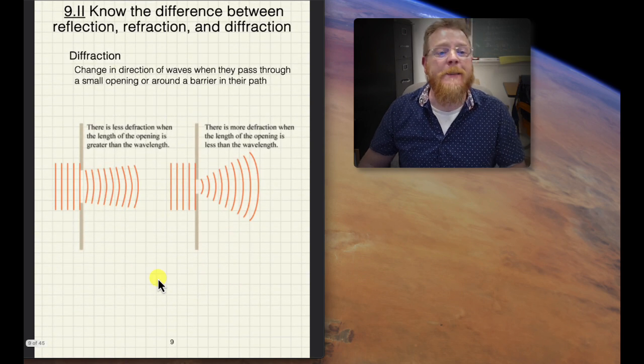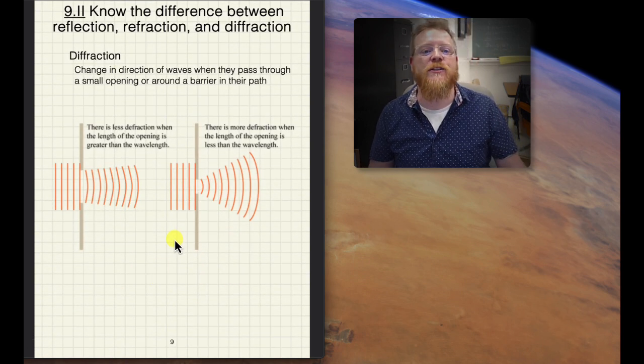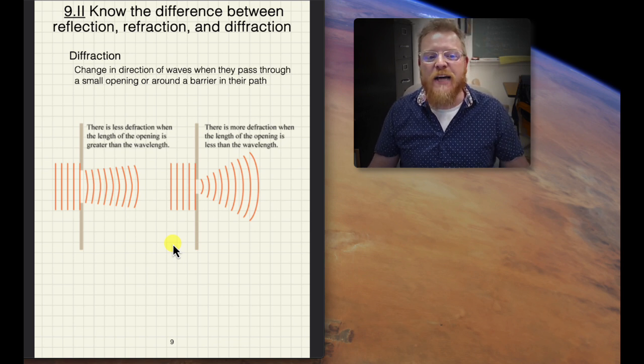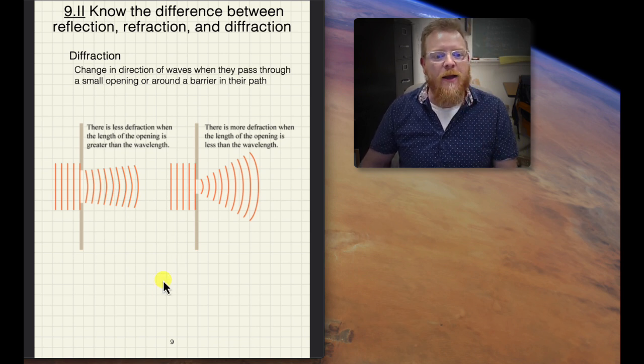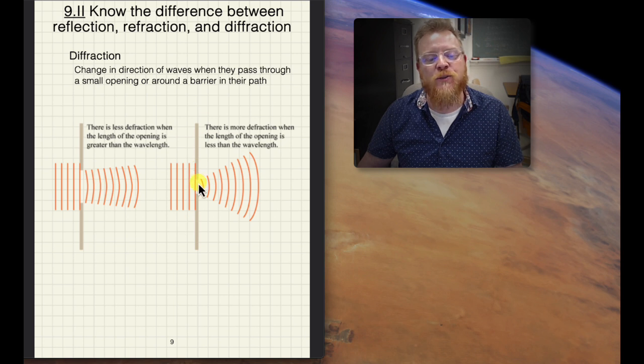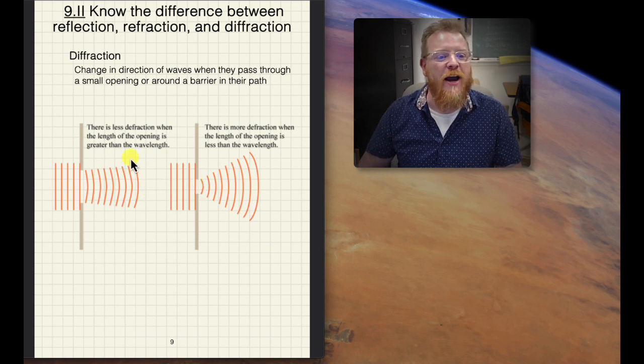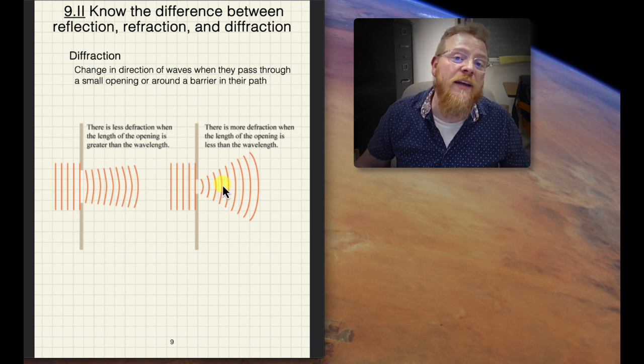Moving on, diffraction: the change in direction of waves when they pass through a small opening or around a barrier in their path. This is a phenomenon we use in microscopy. There is less diffraction when the length of the opening is greater than the wavelength, and more diffraction when the length of the opening is less than the wavelength. This is how we can get a crystal pattern.